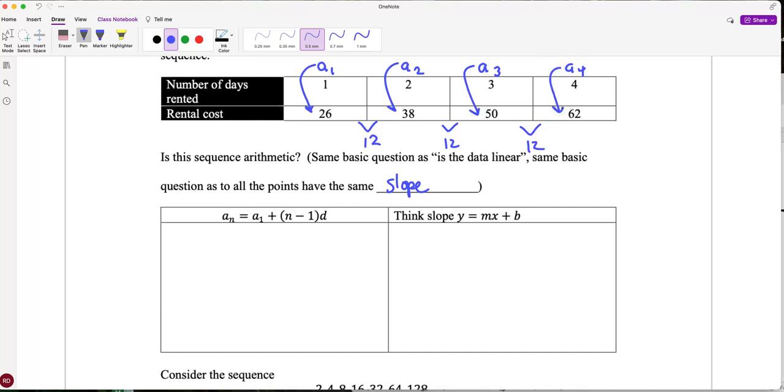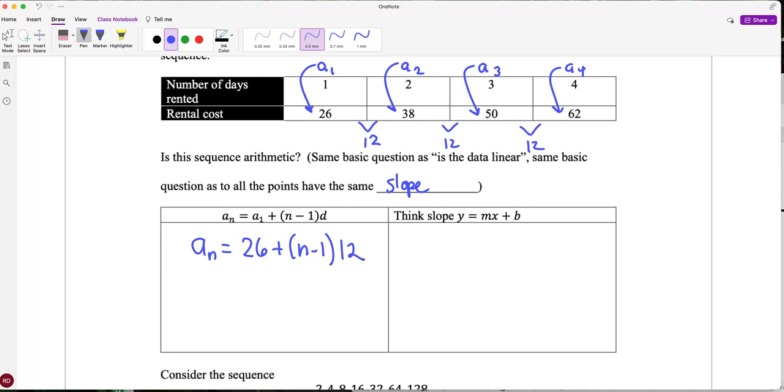So the formula for the explicit, AN is going to be equal to A1, that's 26, plus N minus 1, and then the common difference is 12.